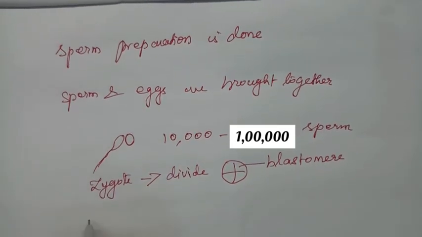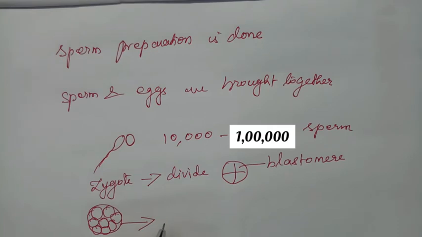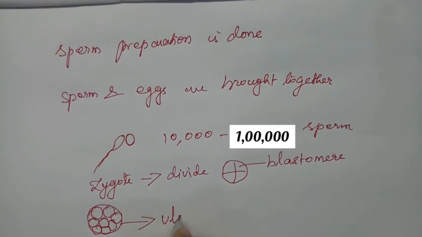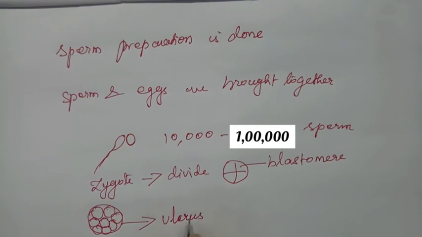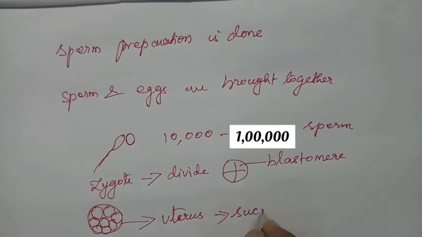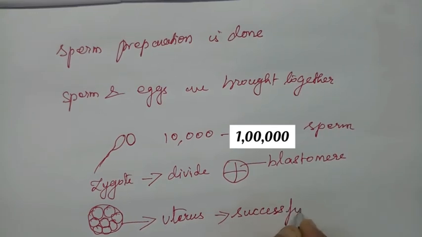When it reaches 8-celled blastomeres, it will be introduced into the uterus for successful pregnancy.